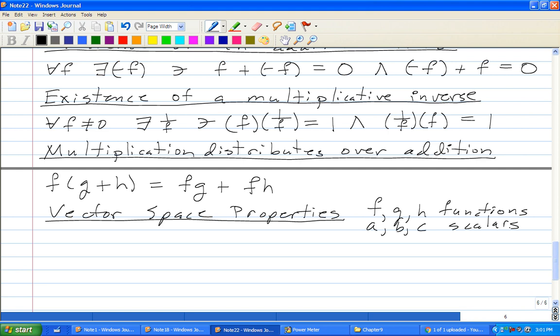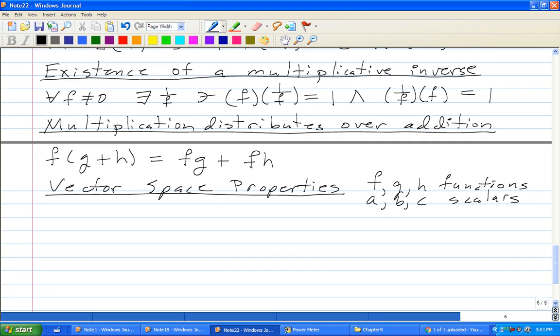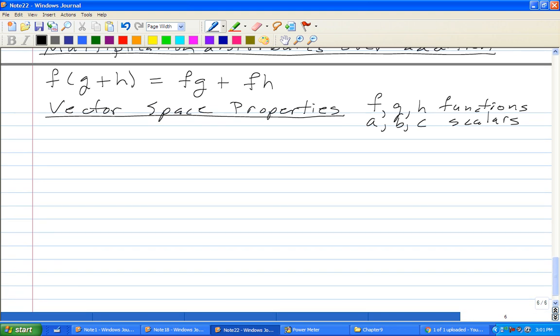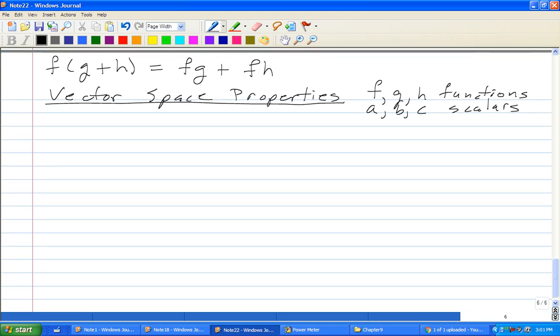In this case, we're probably thinking real numbers. We could, in the future, talk about complex numbers. There are members of a field, so scalar meaning that they actually satisfy all the same properties of a field that we just gave above.